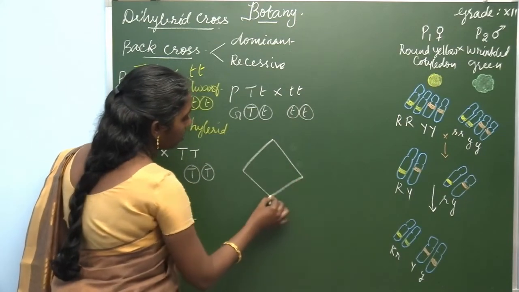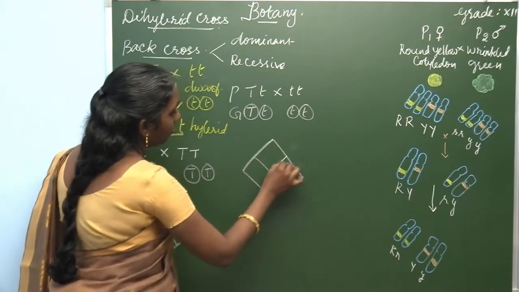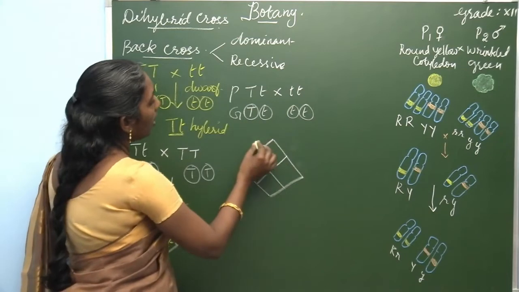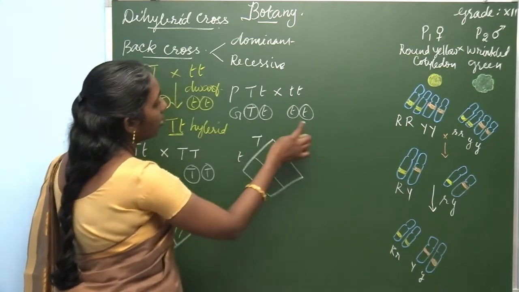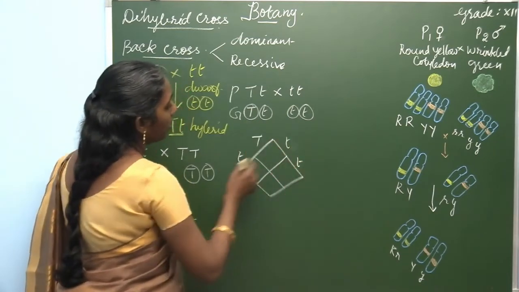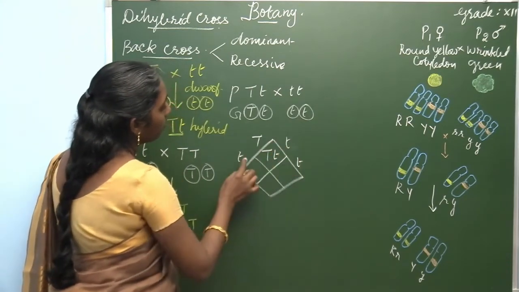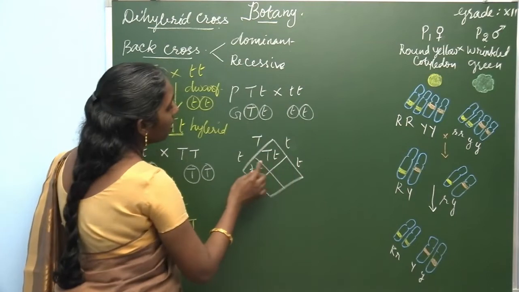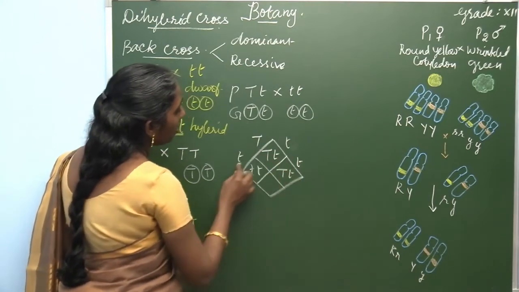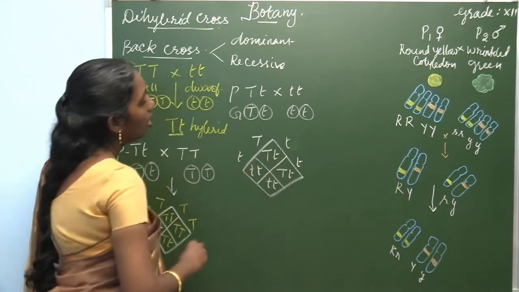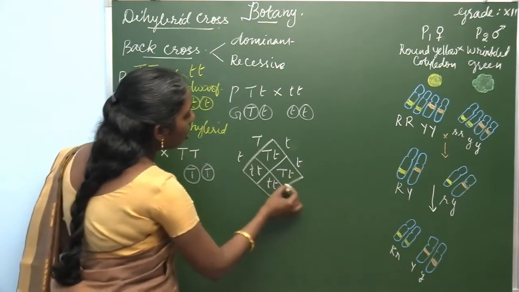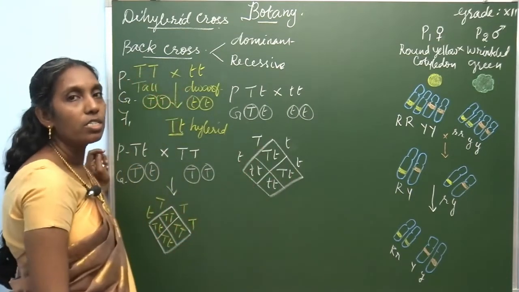Here capital T, small t, here small t, small t. So, it gives capital T small t, small t small t, capital T small t, small t small t. So, it gives the ratio tall and dwarf, 1:1.